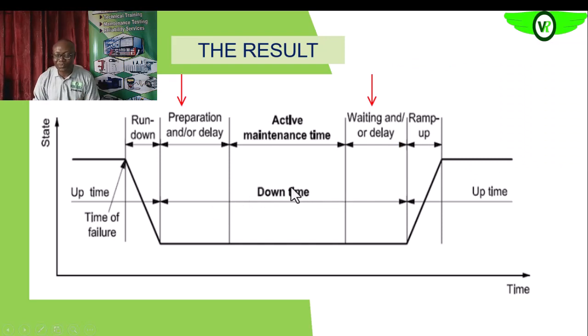All of this waiting and delays, since most of the maintenance programs that we will do are planned, you see that all of this will be removed. Then the uptime, since this is removed, you see that the uptime or the availability increases as the downtime is shrunk.